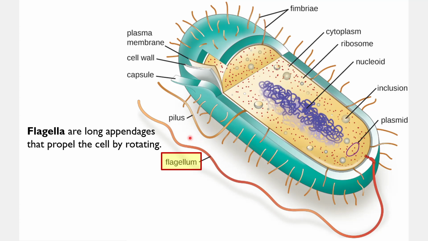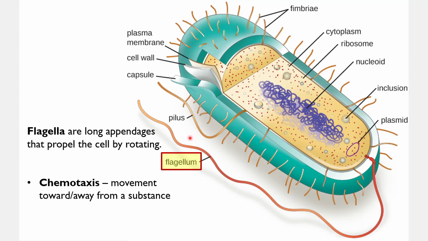There are two major ways that bacterial cells use their flagella to move in their environment. The first one is called chemotaxis, which describes the movement of bacteria either toward or away from a chemical substance. For example, they may want to move toward a substance that they can eat and consume for fuel, or they may want to move away from a substance that is toxic to them.